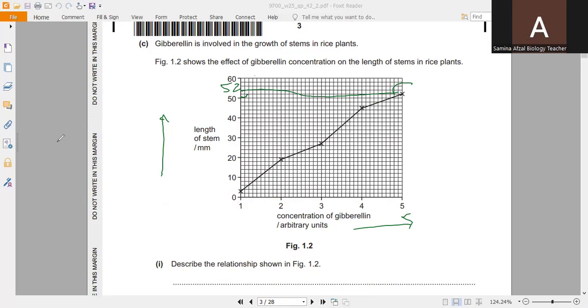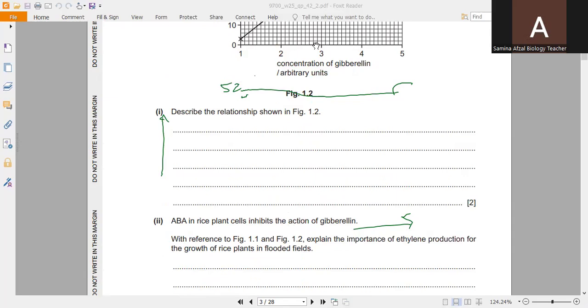The increase is not perfectly linear, but the steeper increase occurs between concentrations of 3 and 4 arbitrary units. The question has 2 marks, so I would like to write as much as possible, but you have to choose accordingly.